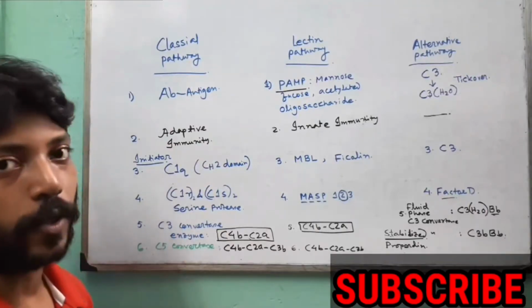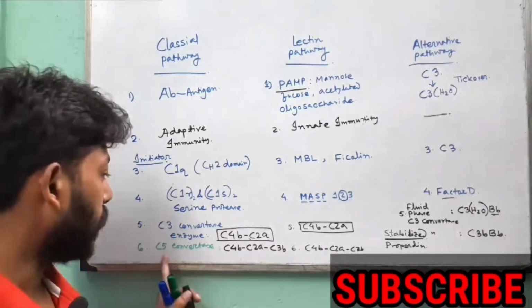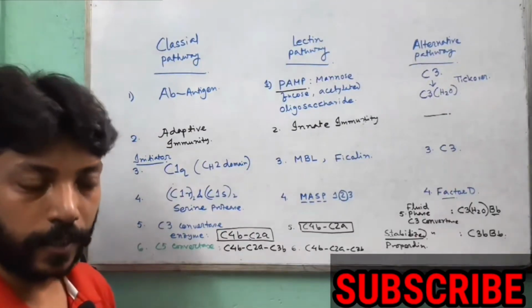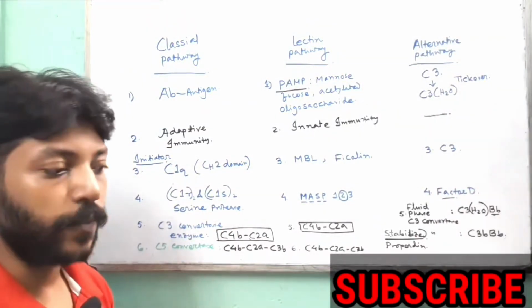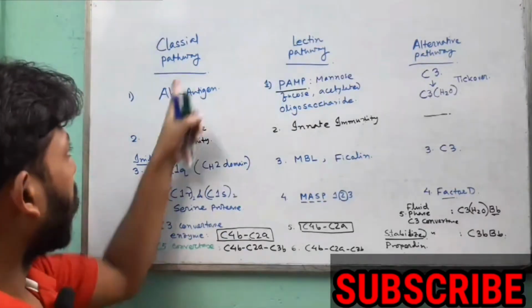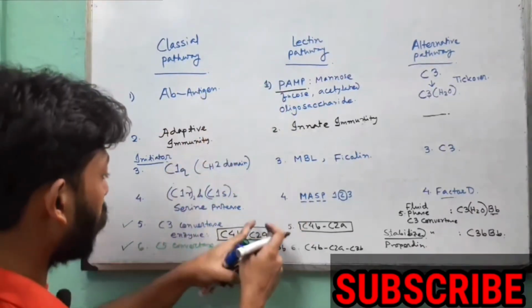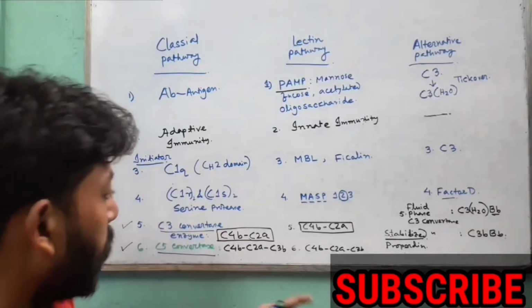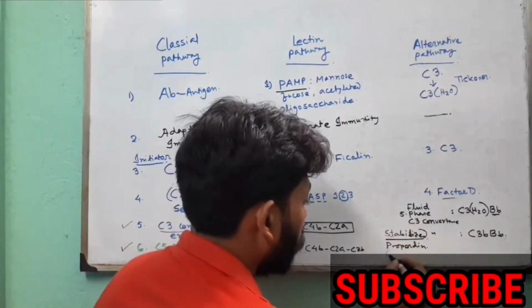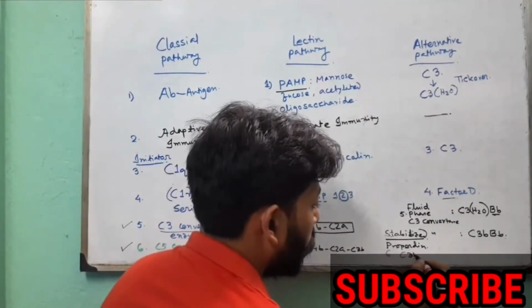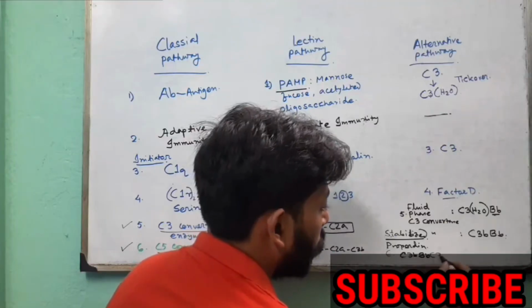This enzyme can cleave the complement protein C5. When C5 is cleaved, it becomes two fragments called C5a and C5b. So the classical pathway and the lectin pathway merge at the C3 convertase and C5 convertase enzymes. And in the alternative pathway, the C5 convertase is C3bBb and another C3b.